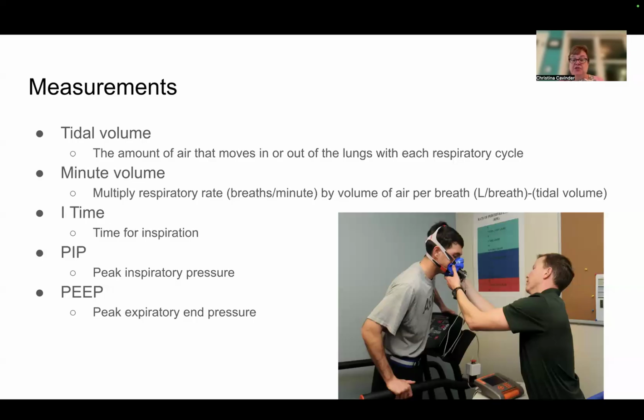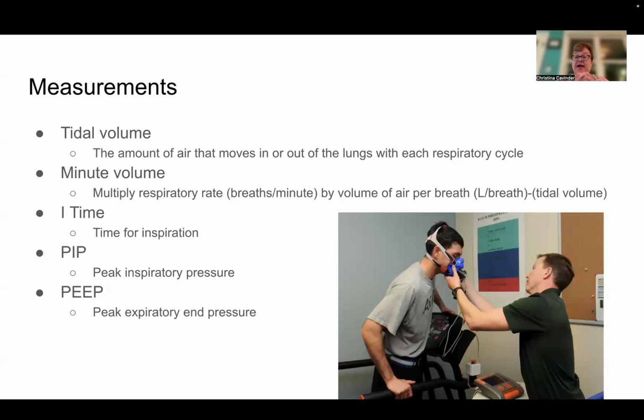The inspiratory pressure is how much pressure does it take to fill to that tidal volume. So if you have really, really stiff lungs, it's going to take more and more pressure to open up the lungs. So you would have a higher PIP. You run risk with higher PIPs for damage to the lungs. So that's an important number to know.